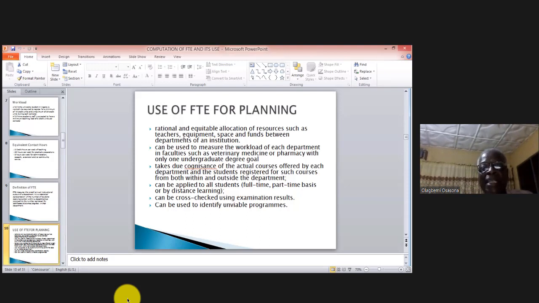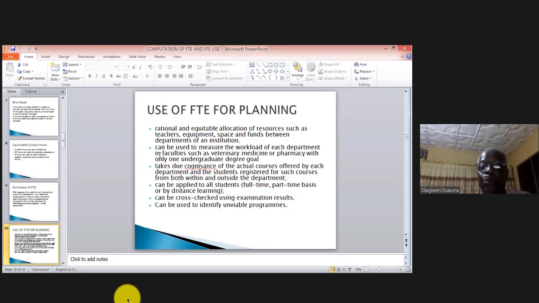So we can apply the teacher-student ratio to the FTE, and from there, we know how many academic staff should be there. We can compute how many non-teaching staff should be in the department too. It's also useful for sharing equipment, funds and for space allocation.